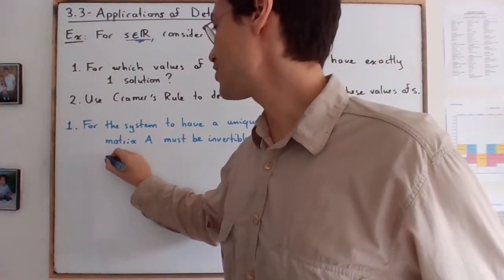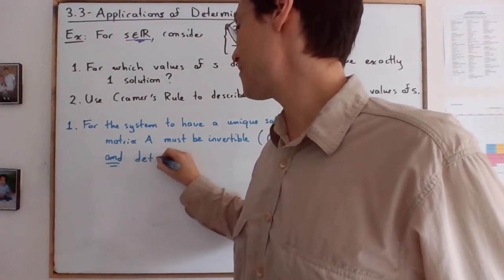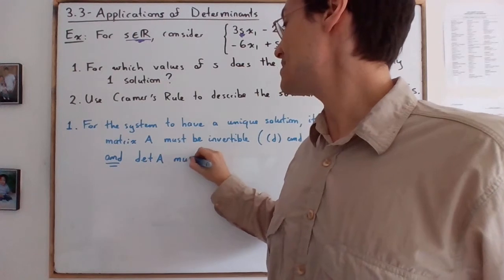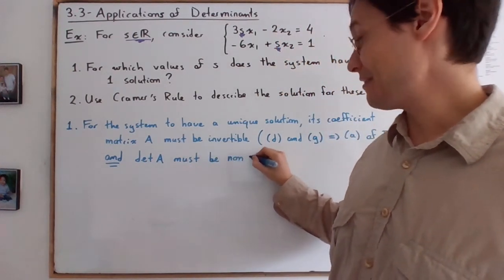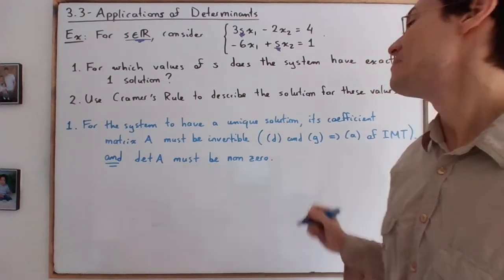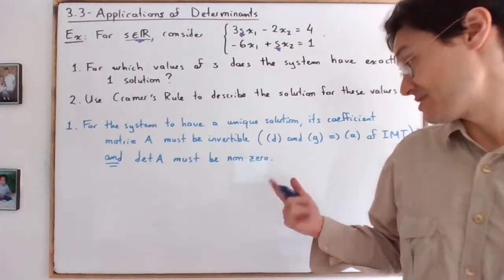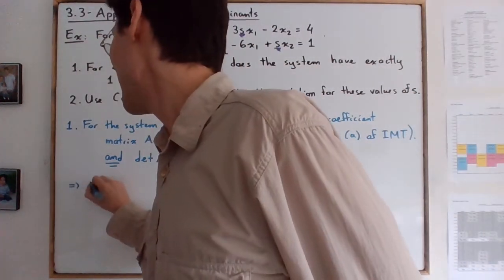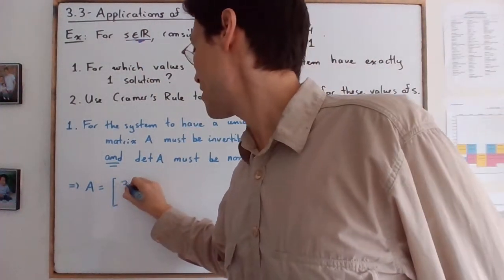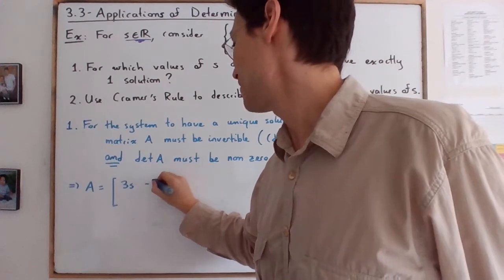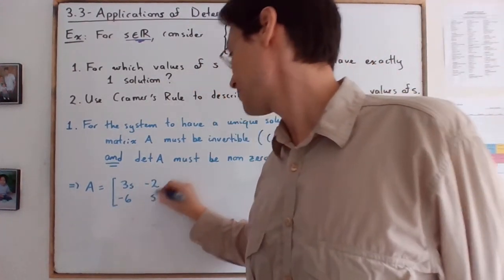So let's add this: the determinant of A must not be 0. Must be non-zero. I have to be very careful about what I say. So A will be equal to the coefficient matrix: 3s, -2, -6, and s.